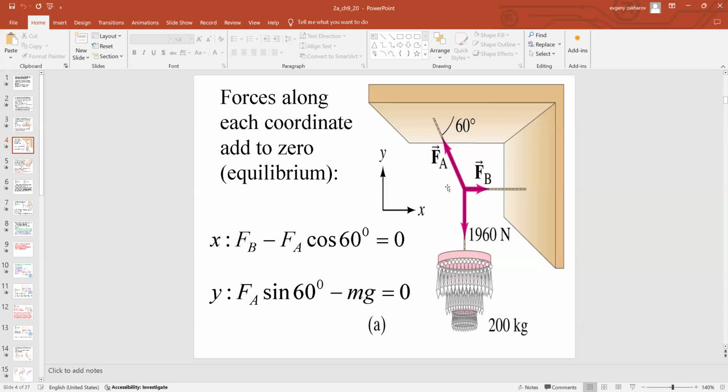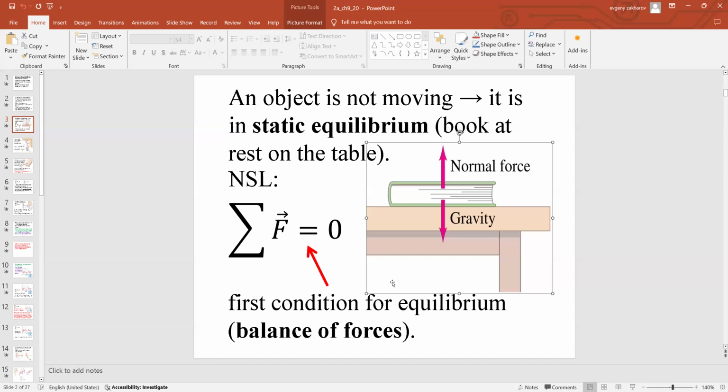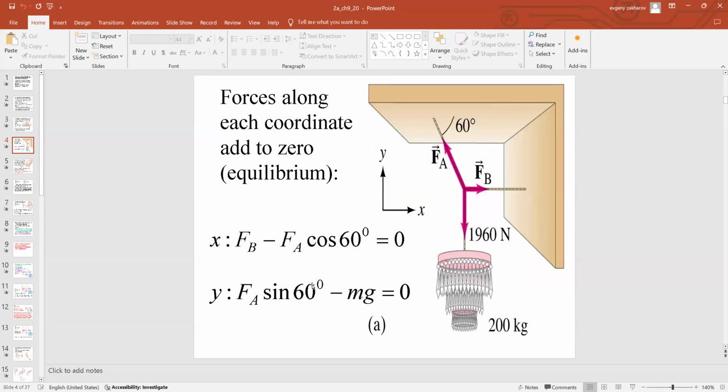If this is 60, then this is 60, so f sub a has a negative, and it's a cosine function because the component is adjacent to that 60 degree angle. So positive fb, negative f sub a times the cosine, because we're talking adjacent component, equals 0. So no acceleration. That means the right side for Newton's second law becomes 0.